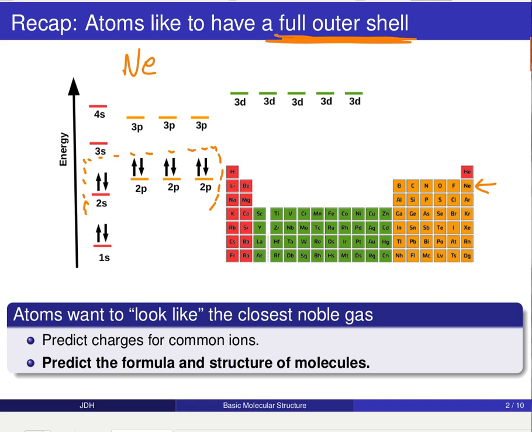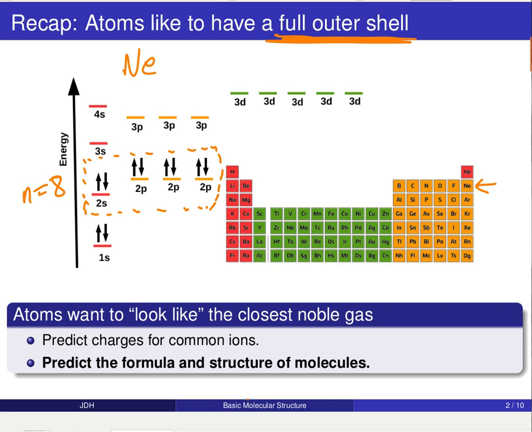Okay? So the n equals 2 shell is the outermost shell, and we can see that it is fully occupied by 8 electrons.